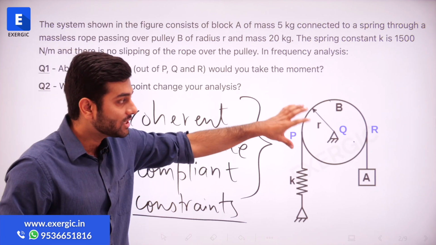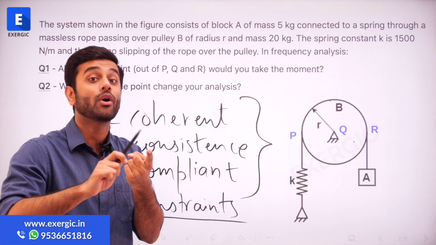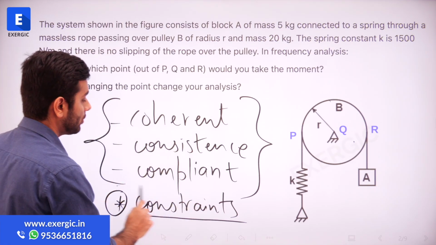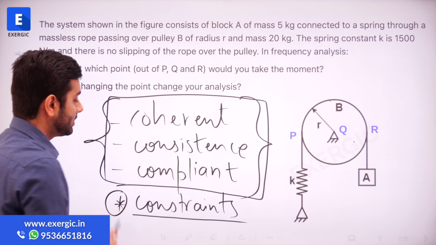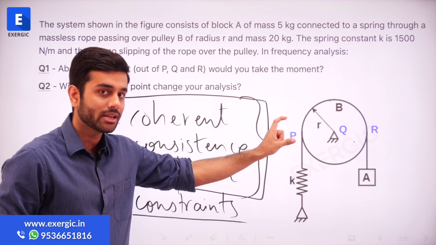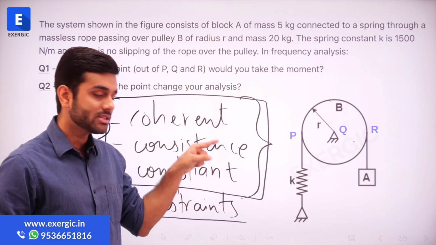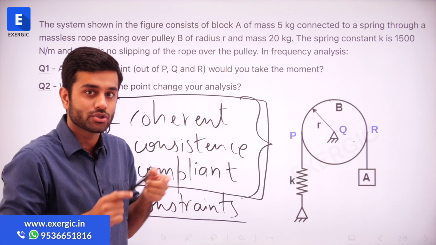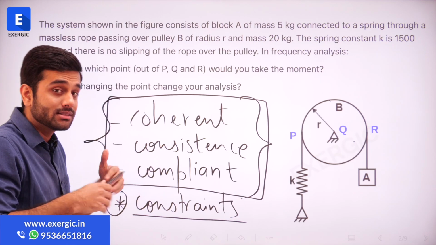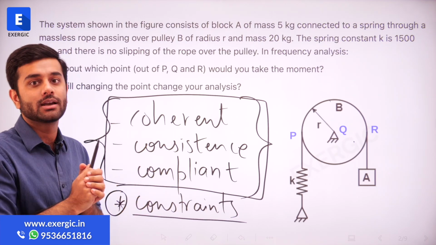Basically all these words mean that the motion you are giving should not violate the actual constraints which are present in the system. It should comply with that, it should be consistent with that, it should be coherent with that, right?